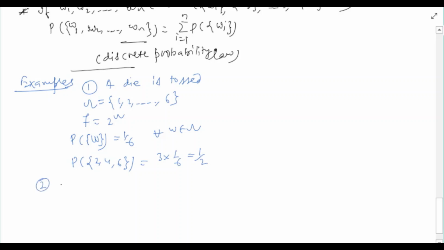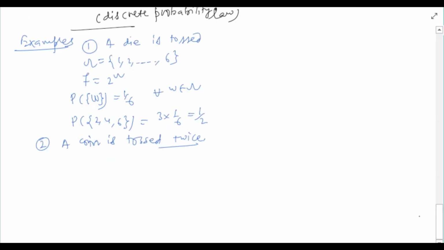Let's see another example. Now consider the experiment where a coin is tossed twice. Now the sample space is HH, HT, TH and TT. As before, the event space will be the power set of this sample space.